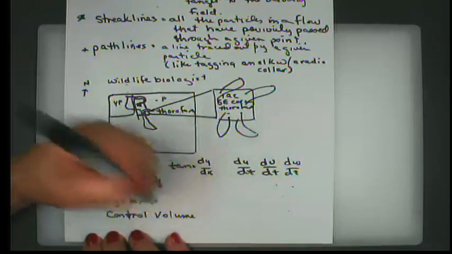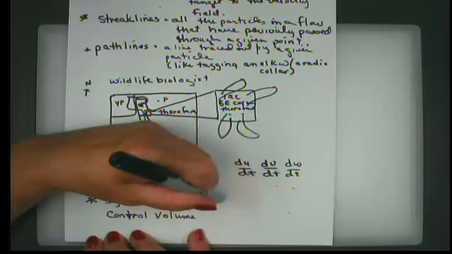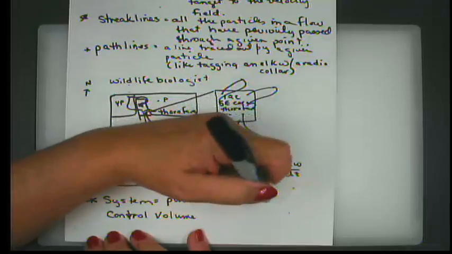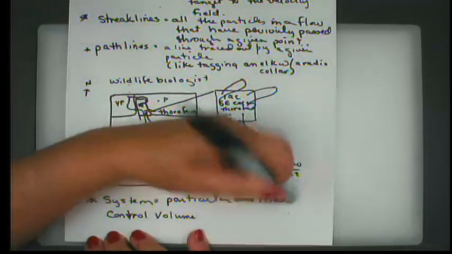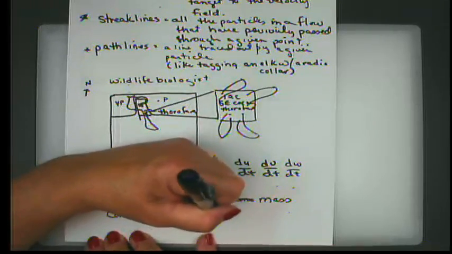And a system is a particular mass, right? A control volume, on the other hand, is a particular place.